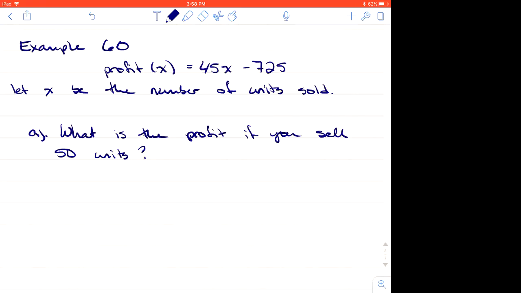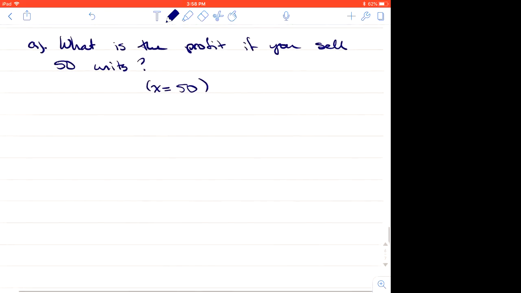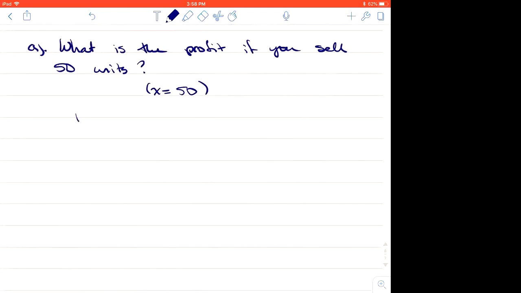Which really just means that X is 50. Just writing out our general profit function, our profit of any X is going to be 45X minus 725. We want to find the profit of 50, X equal to 50.